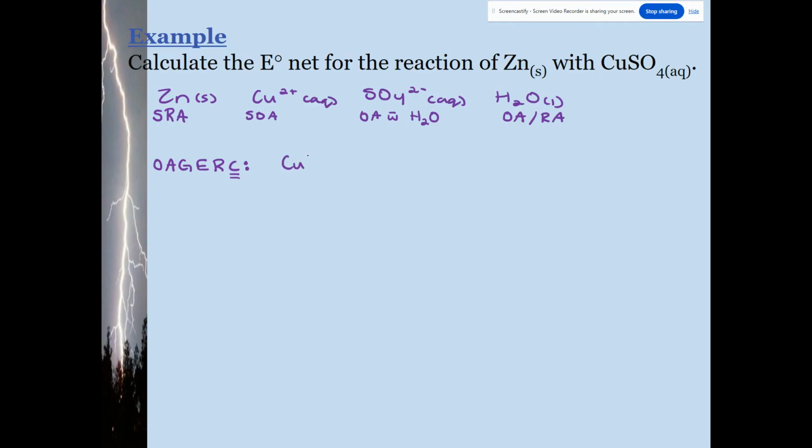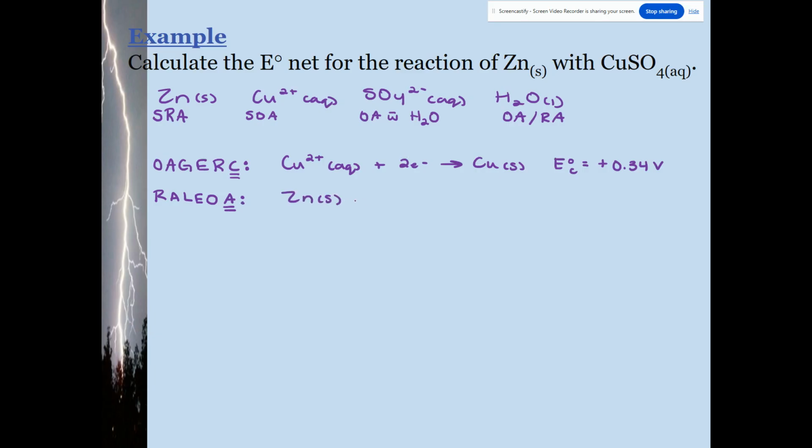So my copper 2 plus, now it doesn't actually ask us to write the reactions, but I'm going to do that to practice it anyway. So this is my cathode. So the half reaction of copper gaining 2 electrons, now I need to find that in the data booklet, there it is, positive 0.34 volts. My reducing agent losing electrons, undergoing oxidation at the anode, is my zinc metal.